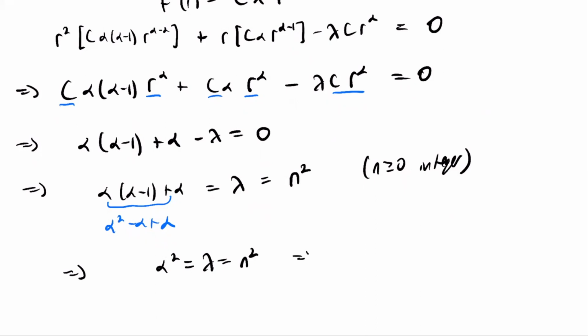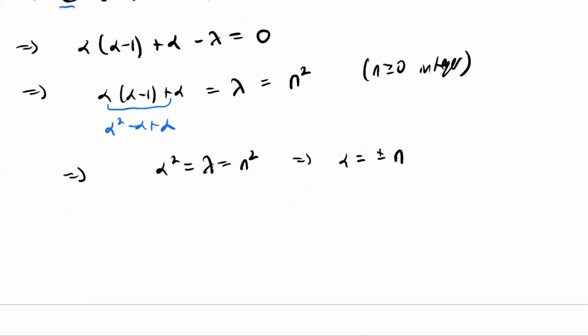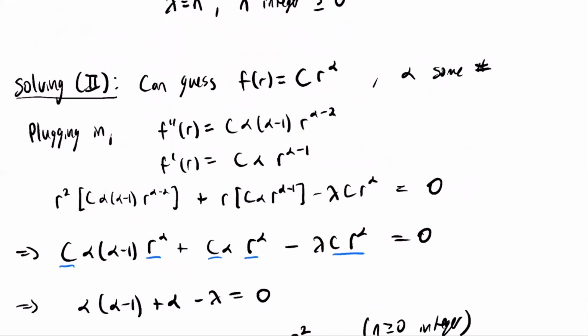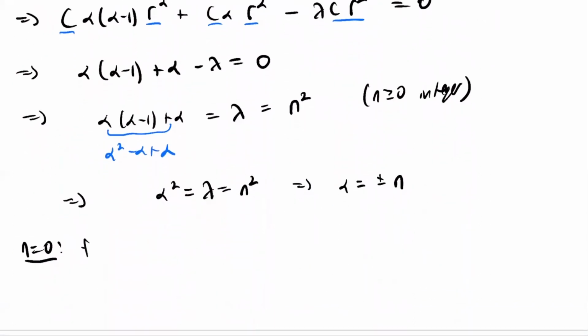And so this tells me that alpha should equal plus or minus n, right? Right, and so, well, let's say n is equal to 0. Well, this tells us that if alpha is equal to plus or minus n, then alpha is just equal to 0. And so our choice would be just some constant c.